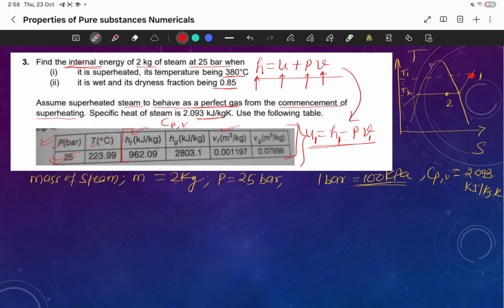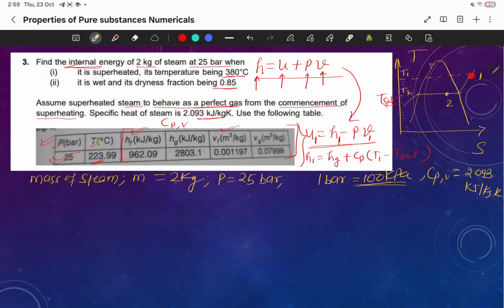So now let's first try to find out the specific enthalpy at point 1. Okay, so you just have to remember what was the formula for enthalpy. So for this I think we can write Hg plus Cp times (T1 minus T saturation), right? So this temperature corresponding to this pressure, T saturation is given here in the table.